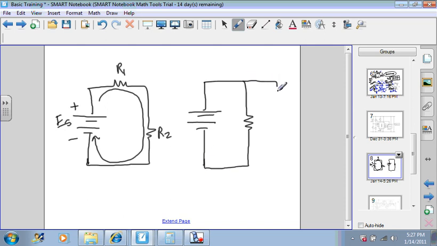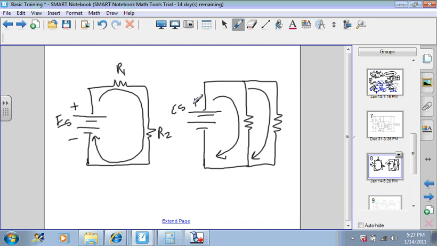And through circuit analysis, we might be able to realize that we have two loops because there's more than one way for the current to move around the circuit. And again, we're asked to analyze the circuit, meaning we would like to calculate the different voltages and currents in the circuit.